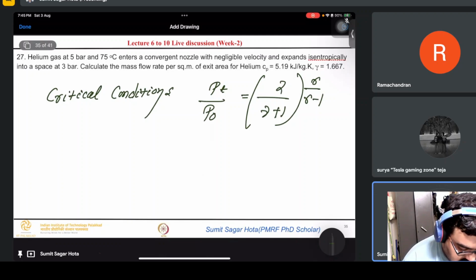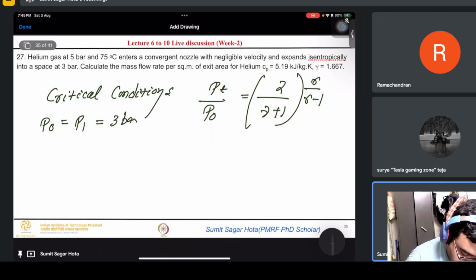Pt is the total pressure, P naught is the initial pressure. So P naught is equal to P1 also, which is equal to 3 bar. And what is Pt? So Pt we can calculate from this formula directly.